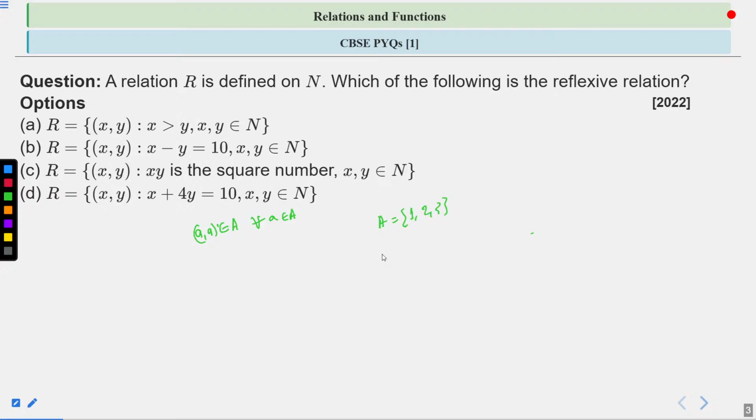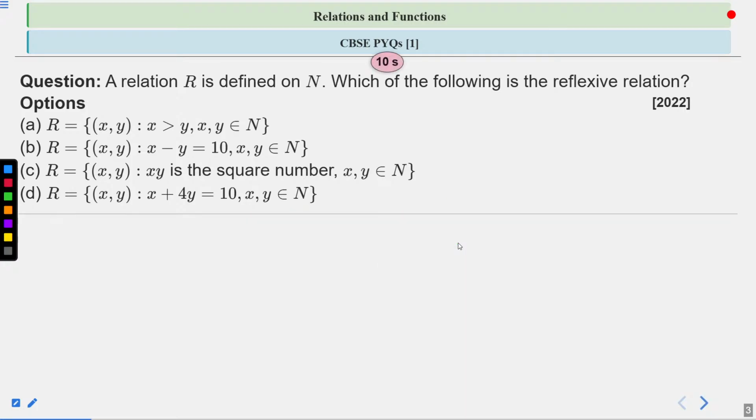For reflexivity, the relation R should contain the ordered pairs (1, 1), (2, 2), and (3, 3). These three ordered pairs must be contained in the relation R. Then we can say that it is reflexive. So out of the given four options, which will be reflexive, we will discuss now.